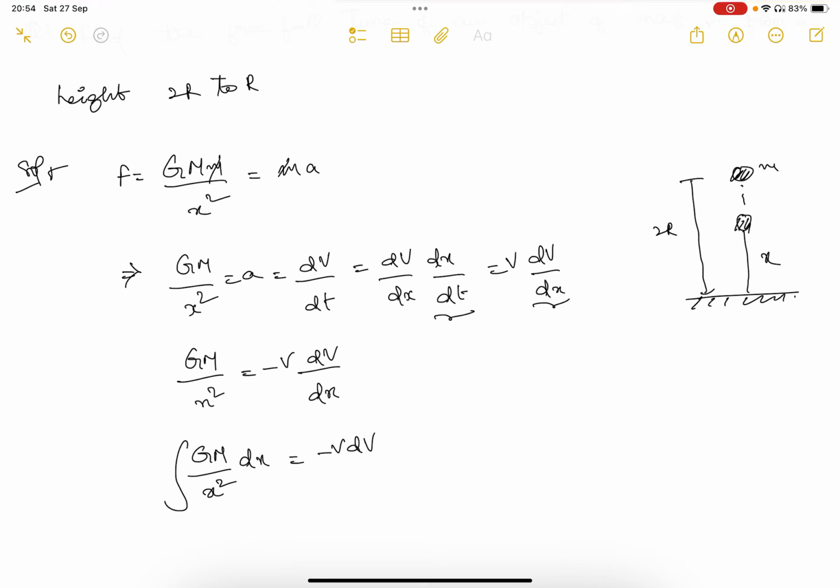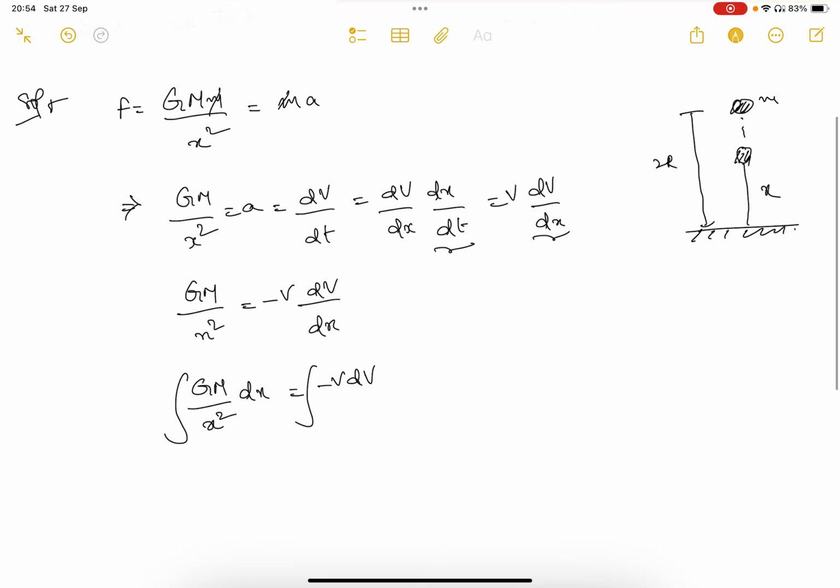Let's try to integrate this. We are integrating from 2r to an arbitrary distance x from the surface of the earth. Initially it has velocity 0 and it reaches a velocity v at height x. As GM is constant, keep it out of the integral.